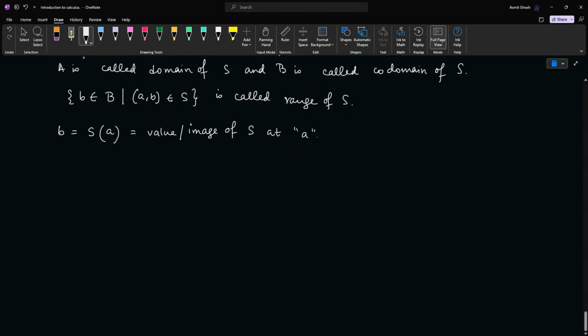Now, here we will introduce some operations on the set of real valued functions defined on a common domain.